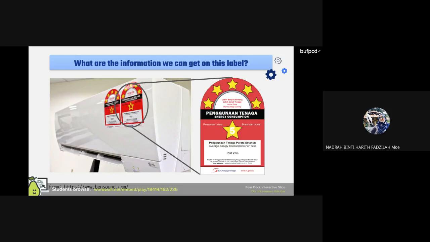Big ones like air conditioners, refrigerators, laundry machines and dryers have this sticker, the energy consumption sticker developed by the Energy Commission. In this slide there is a word wall activity, where you determine which is the correct label, which information is provided by the different parts of the sticker. Can you do the activity first? I will check later.